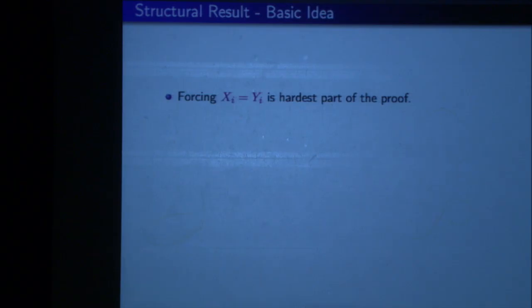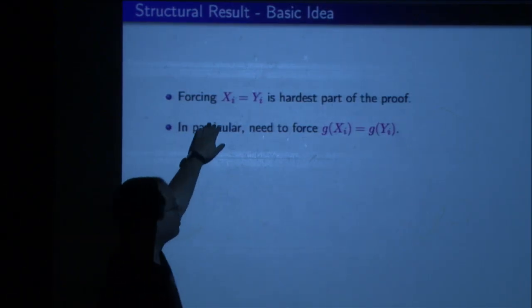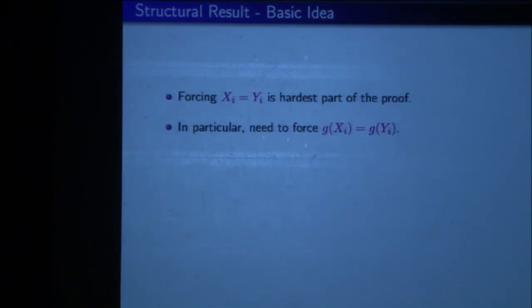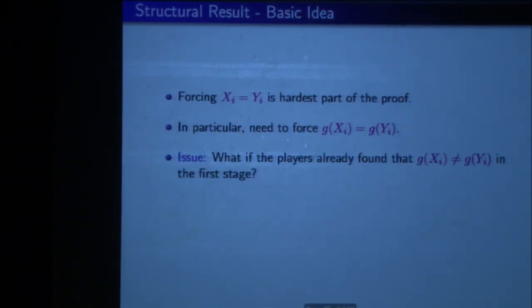Of course, this is not that easy. Forcing equality on the non-typical rows is the hardest part of this proof. One reason it's difficult is that if we want to force equality, in particular, we have to force equality on G, and this is a problem.